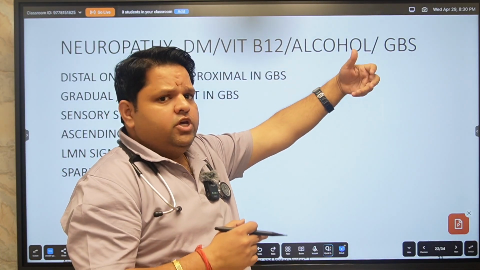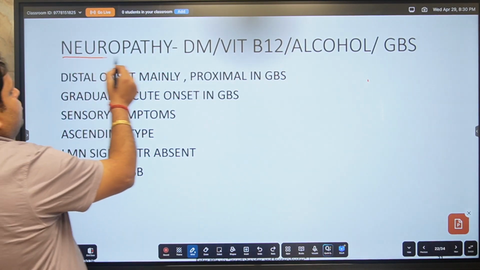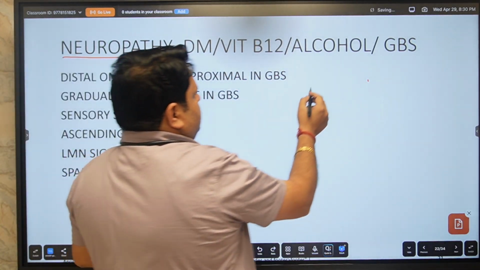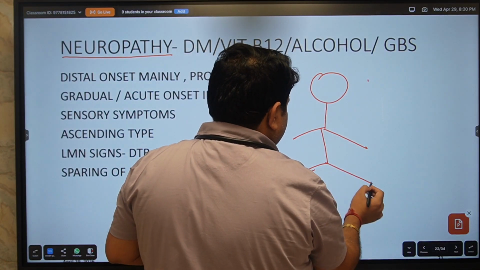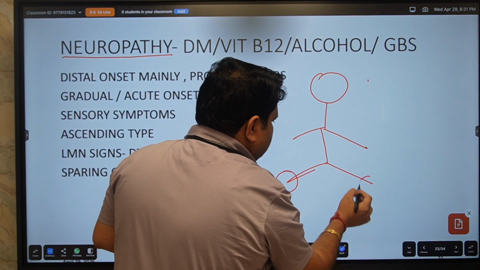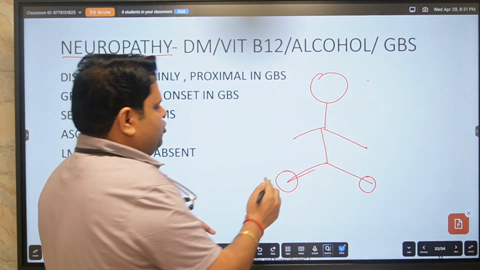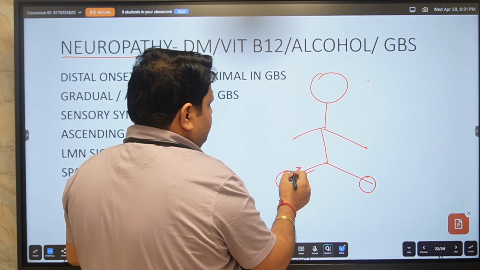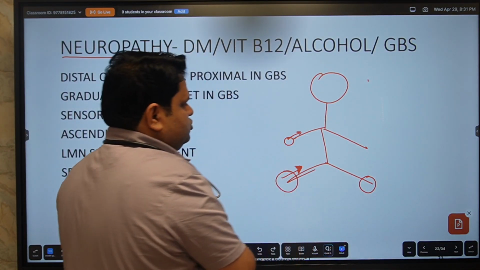In Guillain-Barré syndrome, we may get the long case on this. So for neuropathy, the main involvement is of the distal area. Usually, peripheral neuropathy starts with the foot and progresses distally, proximally, and then involvement of the upper limb is also there.